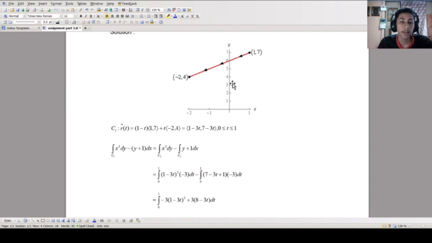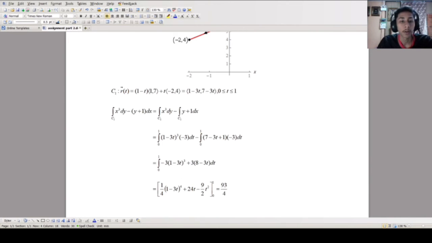Based on the graph, we write a vector for curve C1. Let's call it curve C1, and this is the parameterization of C1: we get 1 minus 3t for x and 7 minus 3t for y.